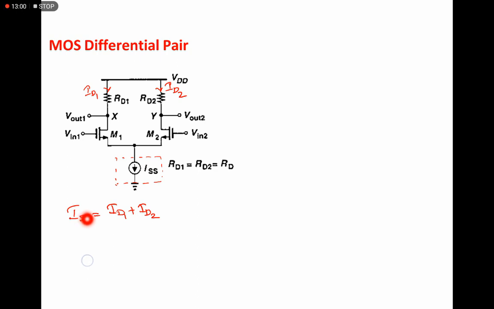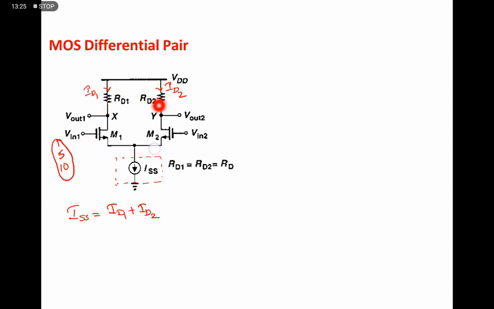That's the advantage. So using this we will discuss the actual differential amplifier. For any value of common mode signal, whether it is 5 volt, or 1 volt, or 10 volt, the current through both the transistors is fixed.